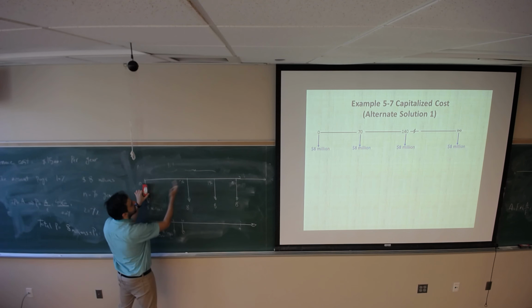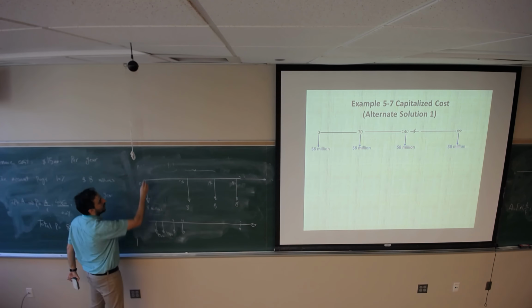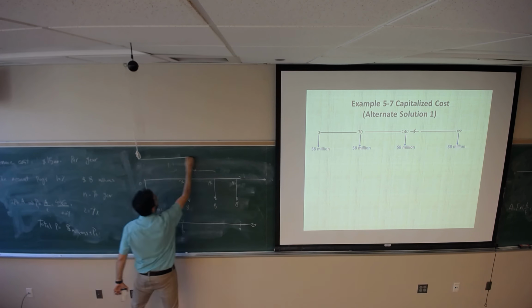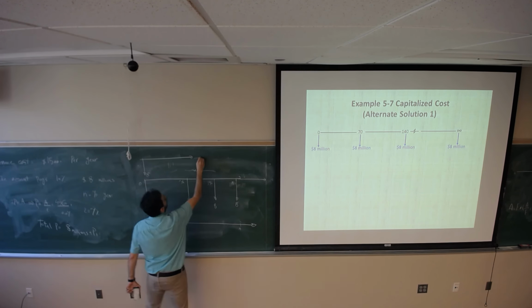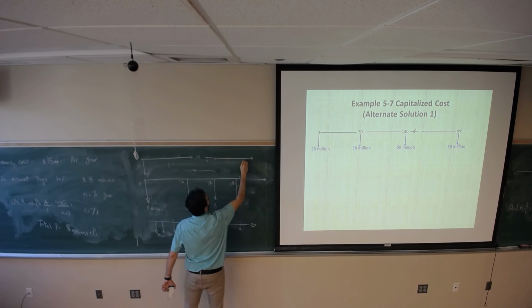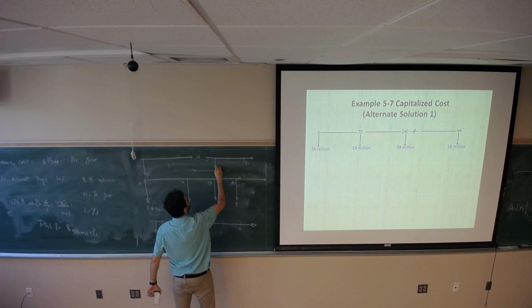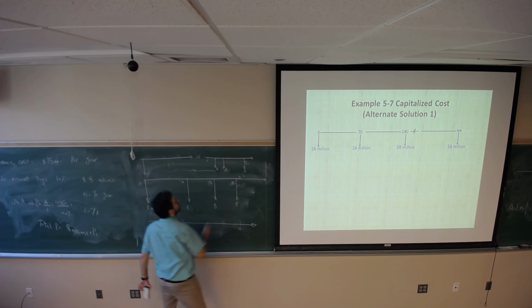a uniform series of the payment. Now look at this present value. It's $8 million. What would be its equivalent as a uniform series of the payment when n is 70?